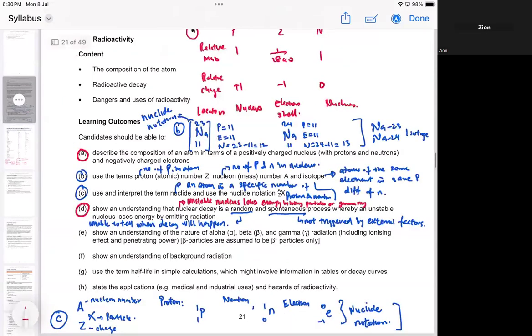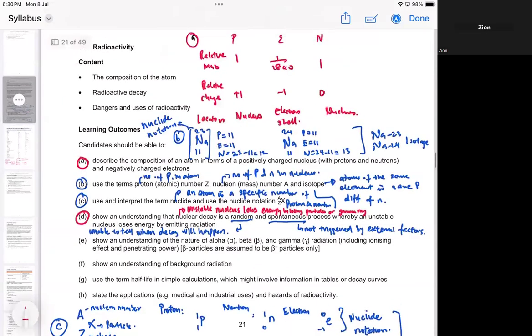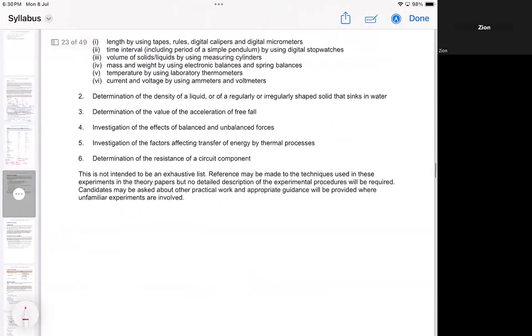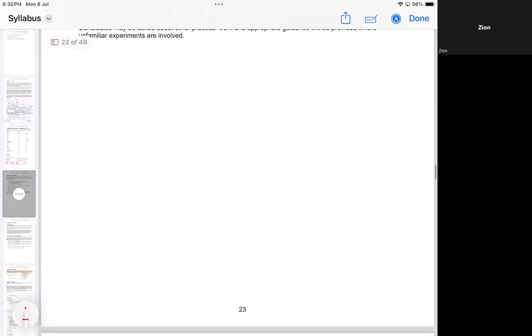The phrase they use is alpha, beta. So we have alpha particles, we have beta particles, and we have gamma rays.